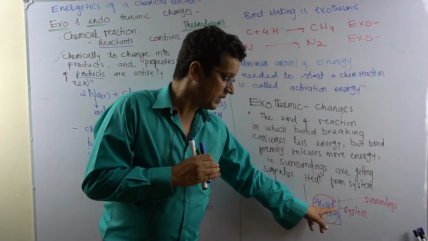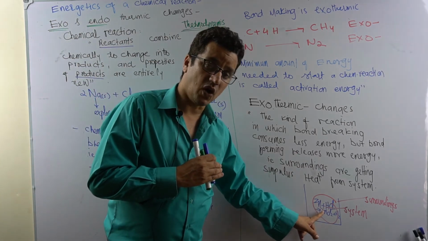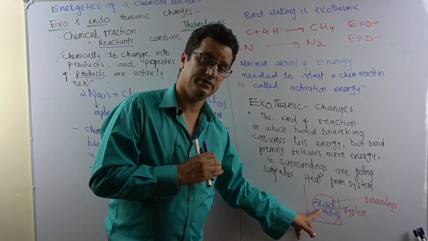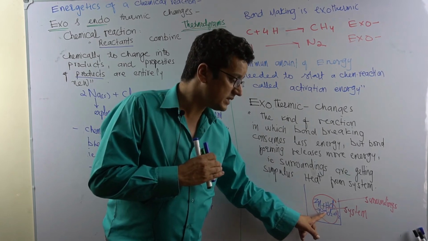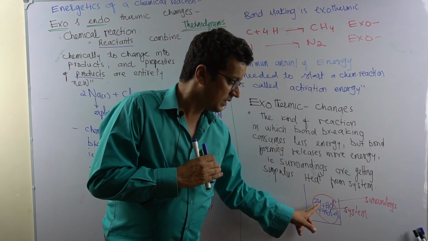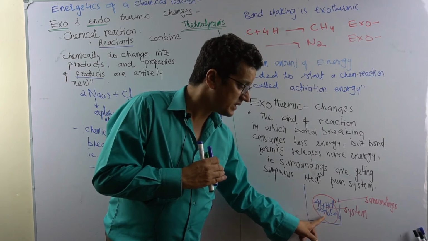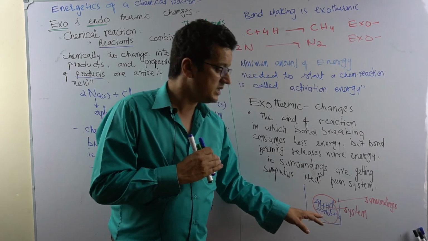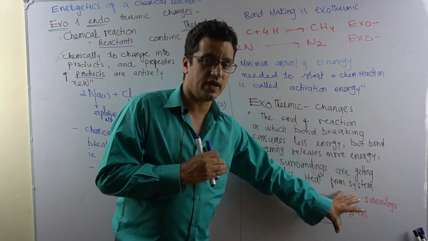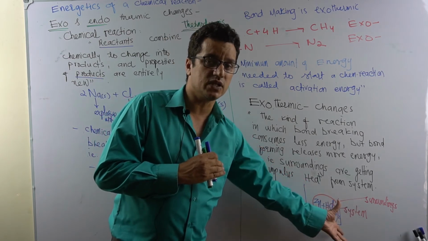You see, reactants and products are taken as the system, and when reactants react and products are formed, energy is given off to the surroundings, continuously being provided to the surroundings.